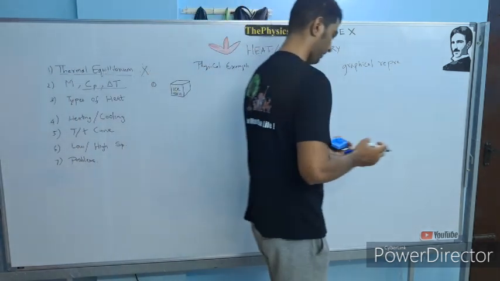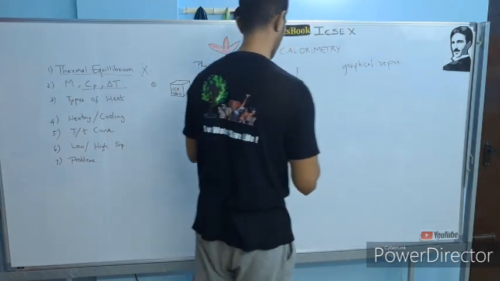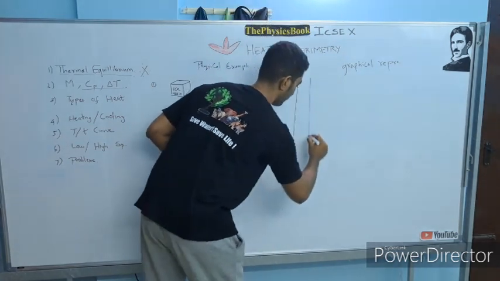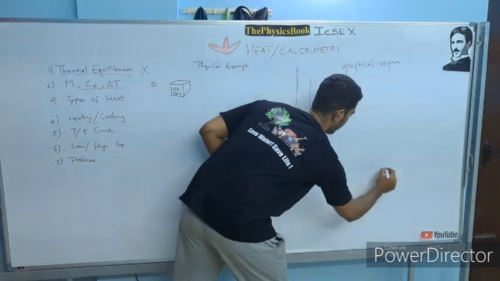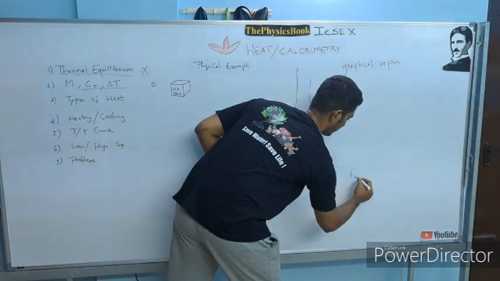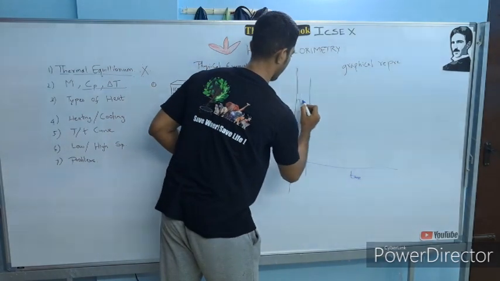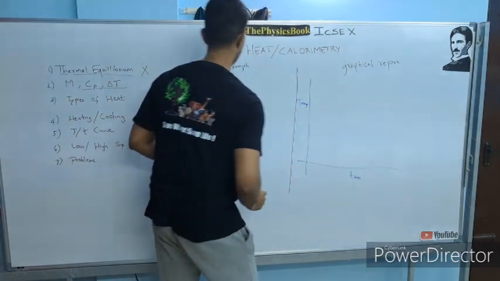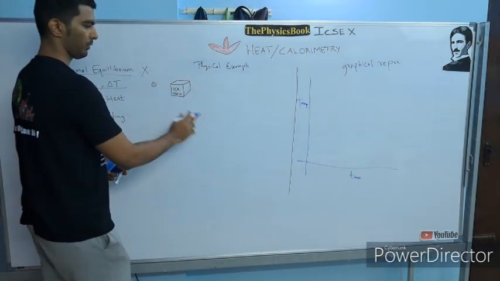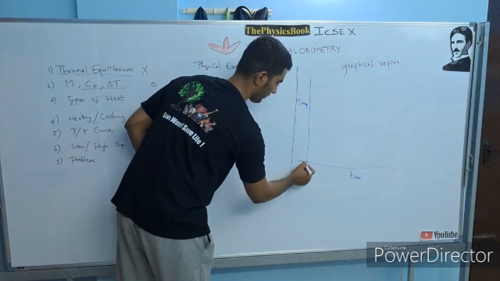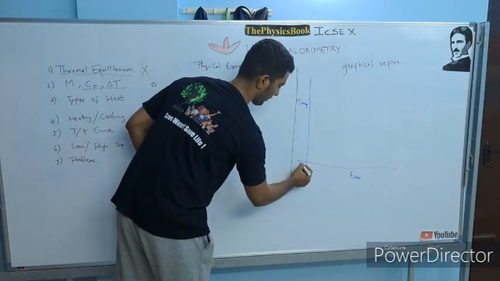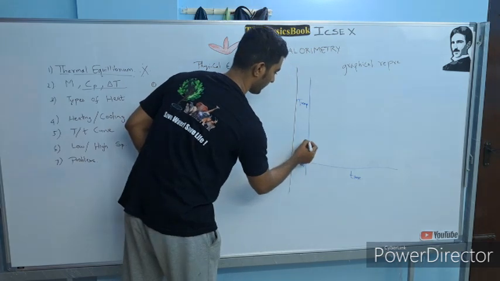The same way, I will use two different colors. For graphical, I will use blue color. And for the example, this is time. This is temperature. I will have a scale as well. Let's assume this is minus 50 degrees Celsius.